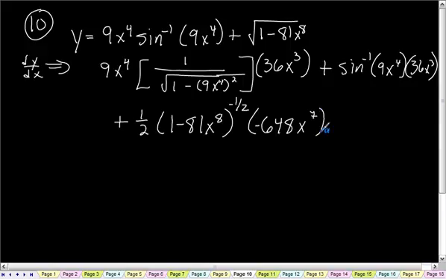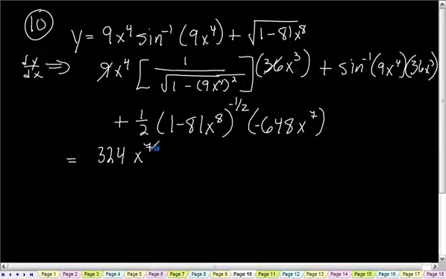That's just that derivative. Now let's see if we can simplify anything across here in this first part. If we multiply across, 36 times 9 gives us 324. X to the 4th times x to the 3rd gives you x to the 7th.